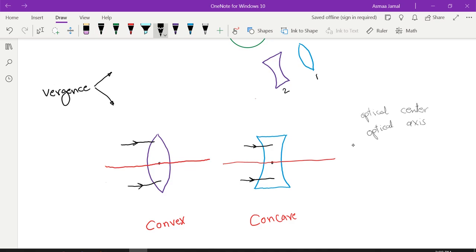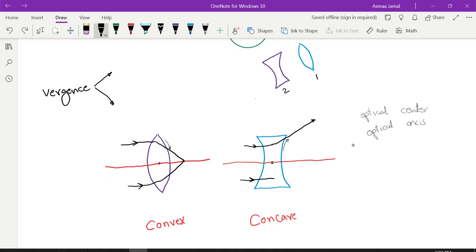As you can see here, the convex lens becomes thicker as we go to the center. Quite the opposite in concave, it becomes thicker when we go to the edges. So in convex lens, the light will deviate toward the optical axis. Quite the opposite in concave lens, the light will deviate away from the optical axis.